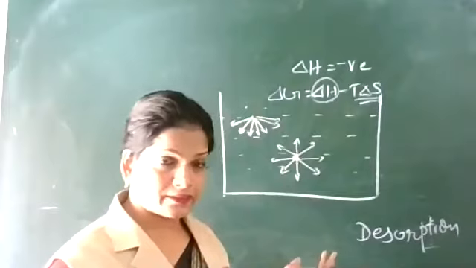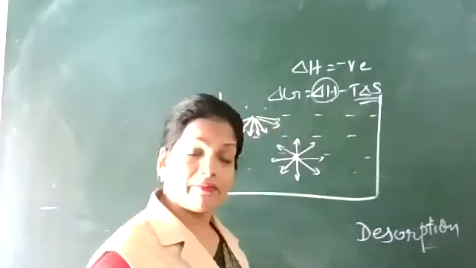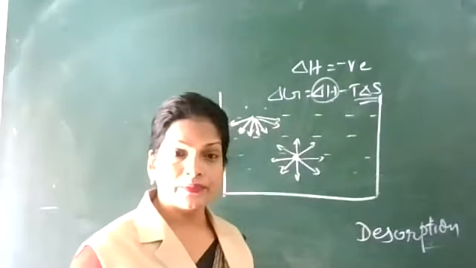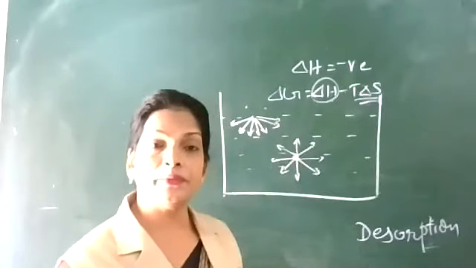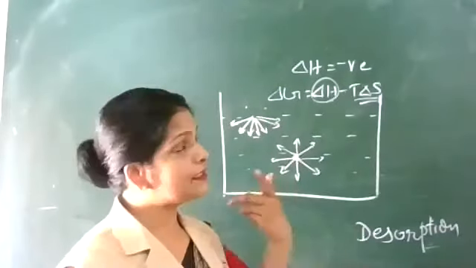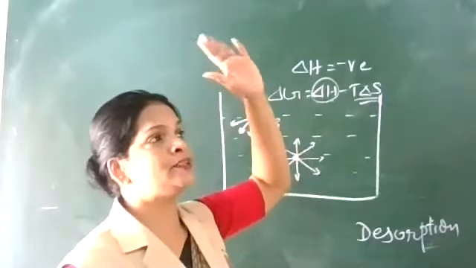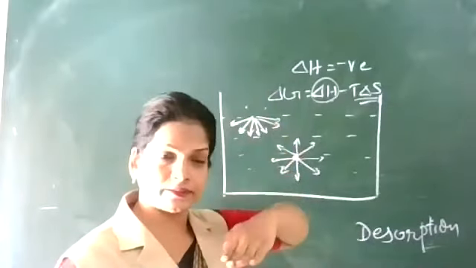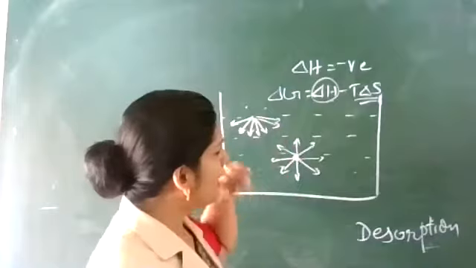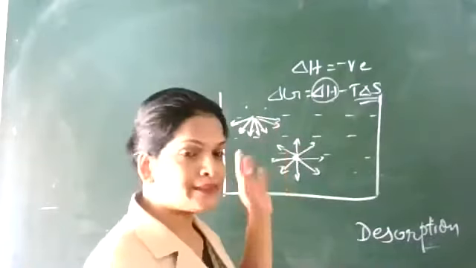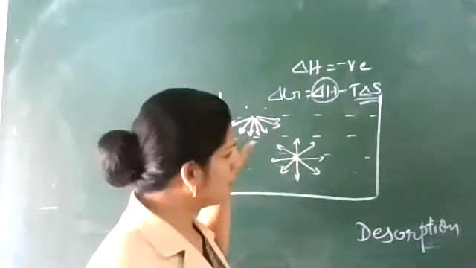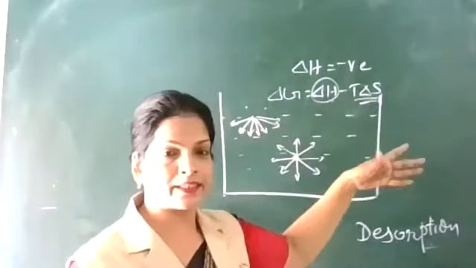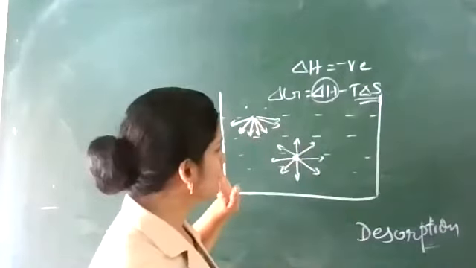Question is spontaneous. Delta H will be having a high negative value. What is delta H? That is the enthalpy of adsorption. There is a heat energy released when the adsorbate particles get adsorbed to the surface. So, as the adsorption continues, the surface tension decreases, right?